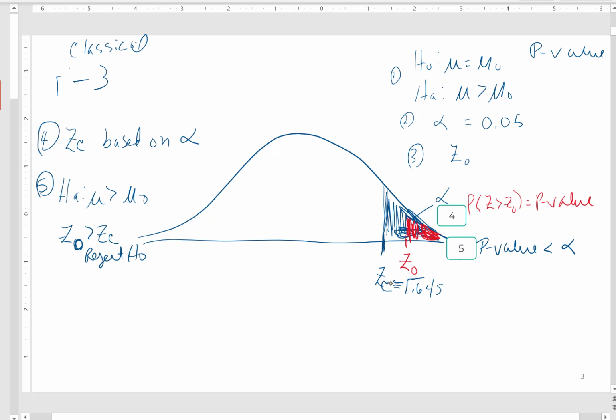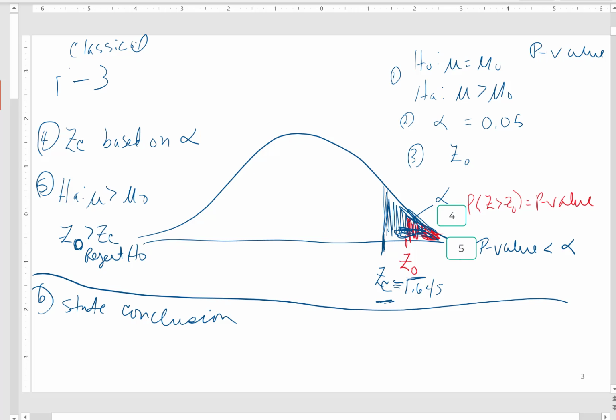Then, after we do that, in both methods you state your conclusion in the context of the problem.